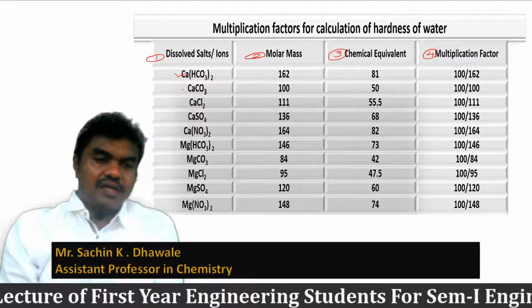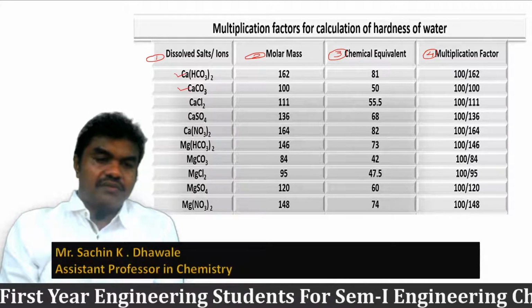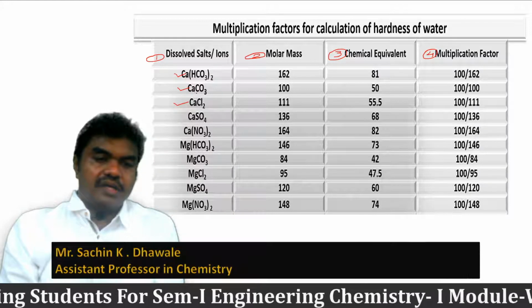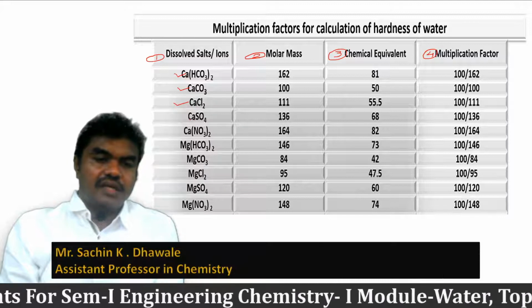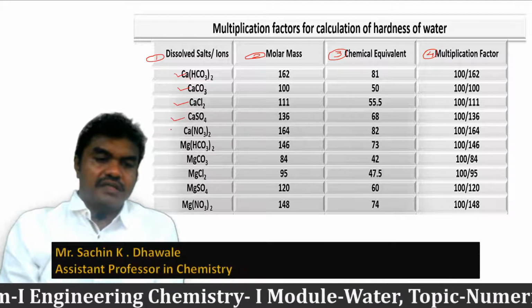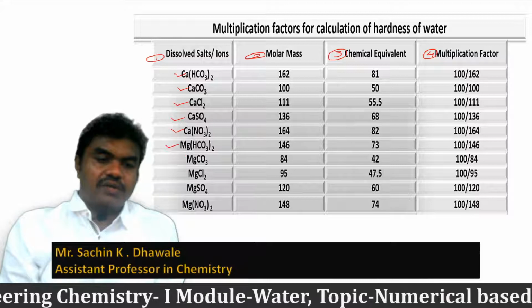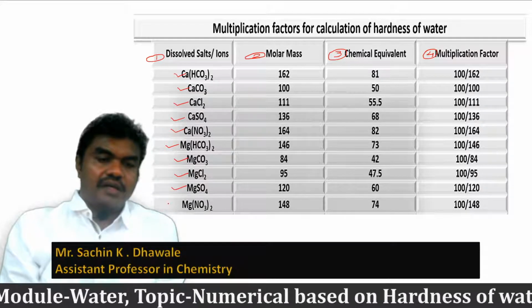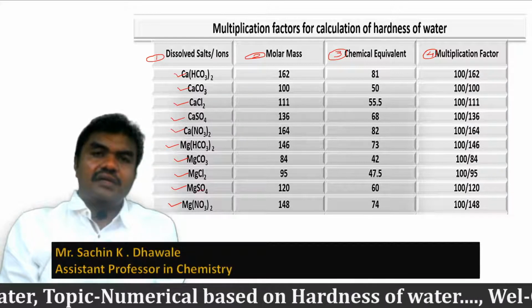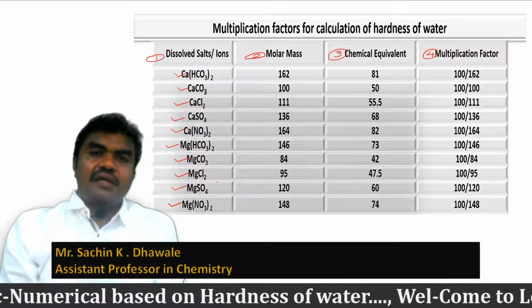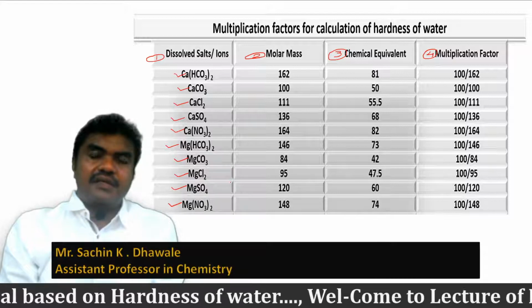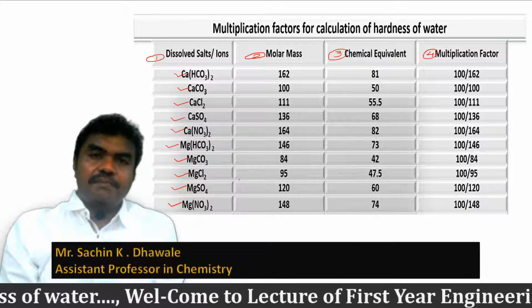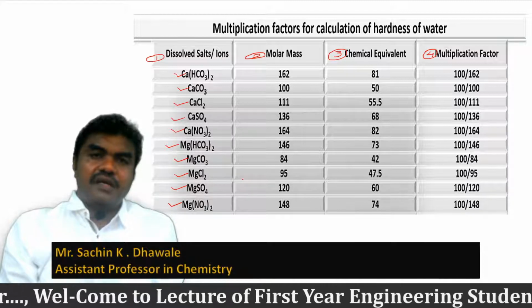dissolved salts are given whose values are provided in a numerical: calcium bicarbonate, calcium carbonate, calcium chloride, calcium sulfate, calcium nitrate, and magnesium bicarbonate, magnesium carbonate, magnesium chloride, magnesium sulfate, and magnesium nitrate. So these are the 10 different salts which cause hardness or contribute to temporary or permanent type of hardness.